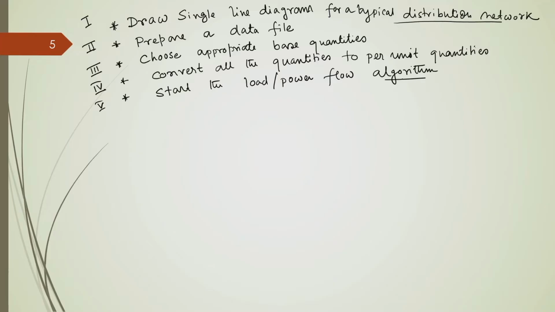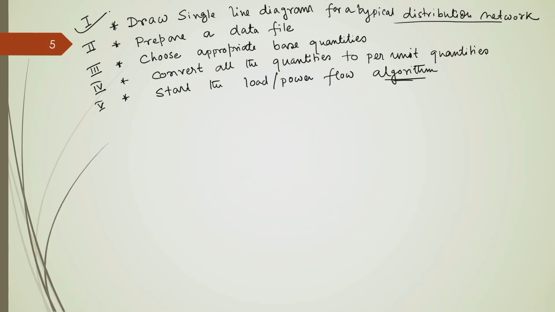That means, before I start discussing this power flow approach, or power flow algorithm or load flow algorithm, whatever you may call it, there are some steps that I should follow. Okay. So, these are the steps. First, we need to draw or sketch the single line diagram of a typical distribution network, for which we are trying to develop this power flow algorithm. In fact, if you develop a power flow algorithm, that will work for any type of system.